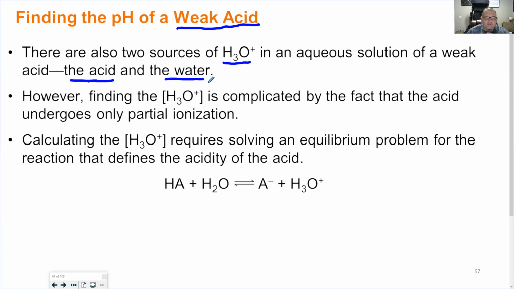This is a little bit more complicated calculation in the fact that the weak acid undergoes a partial ionization. And if we want to solve this, it involves the ionization equilibrium. So the weak acid is represented by HA. So this is our weak acid plus water yields the conjugate base and the hydronium ion.